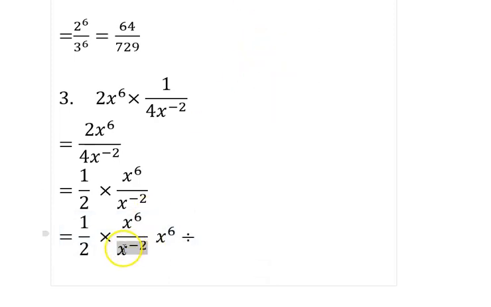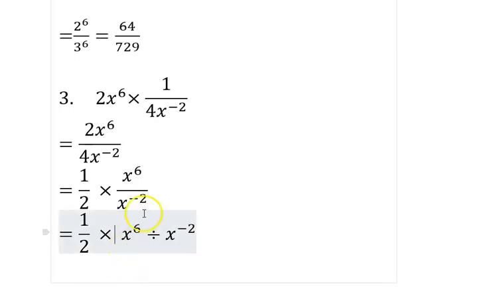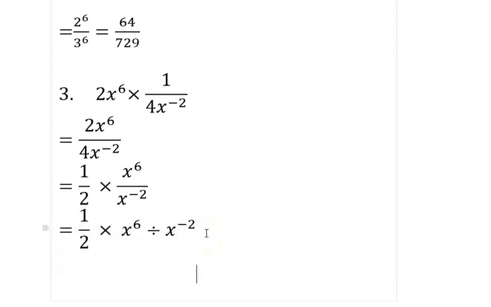It's just for us still applying our laws. So it is still s raised to power 6 divided by s raised to power minus 2. Anyhow you want to put it, you are still correct.